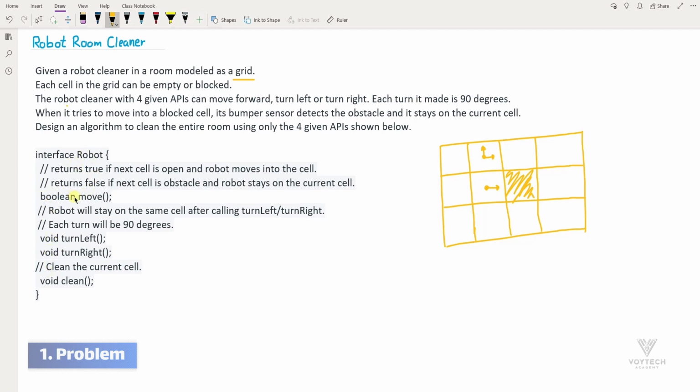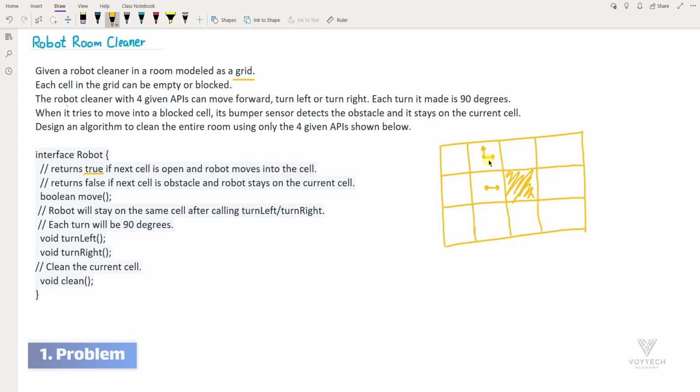So let's take a look at them. In the robot interface, we have 4 methods. The first one is a Boolean method, and it's called move. It returns true if the next cell is open and the robot moves into the cell.